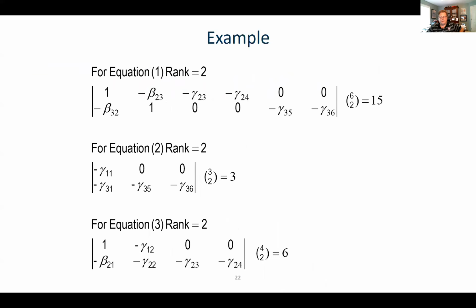And limited information maximum likelihood estimates the same thing with the use of maximum likelihood techniques, still using the predicted values of Y1 and Y2 from the first stage, and then using a distributional assumption for the error term to carry out the estimation.